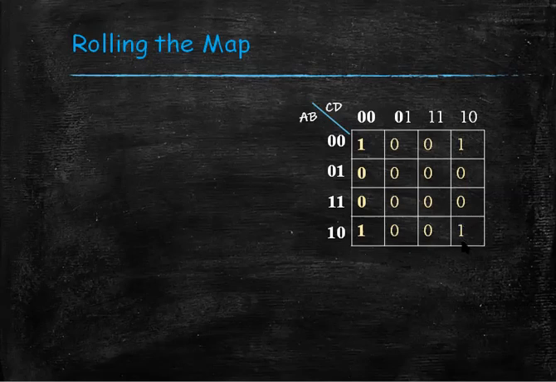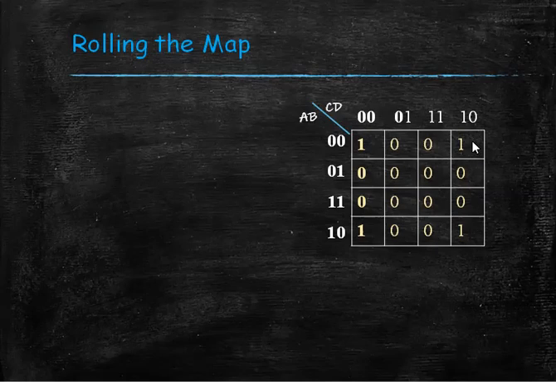First, when we roll this map in the bottom to up direction, these ones are adjacent, and also these ones are adjacent.